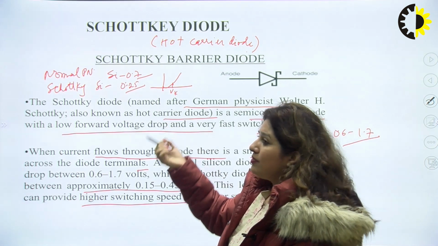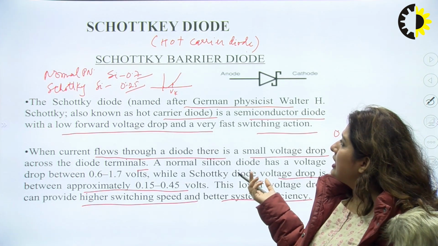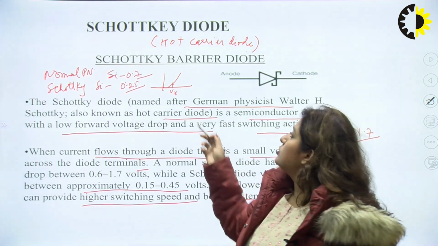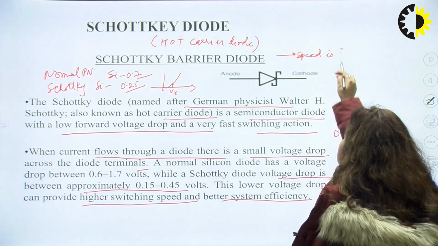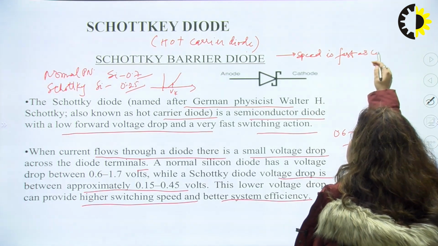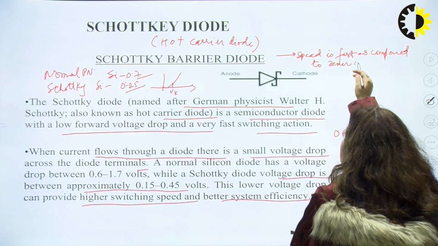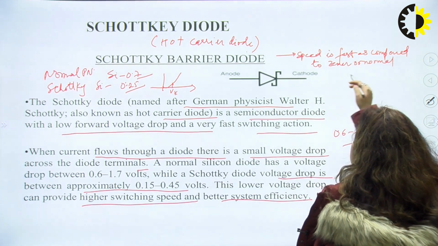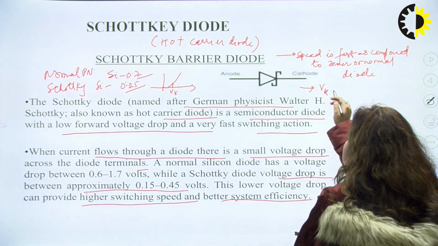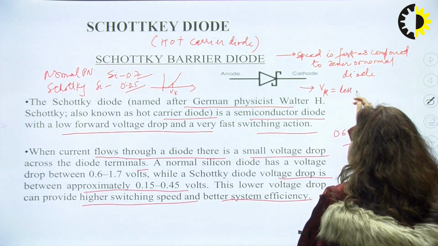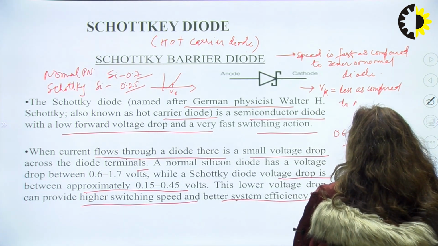Whenever you provide a smaller voltage, the current will rise sharply. So more switching action will take place in the case of the Schottky diode, and the speed is also very fast, fast as compared to a Zener or normal diode, and obviously the knee voltage VK is less as compared to a normal diode.